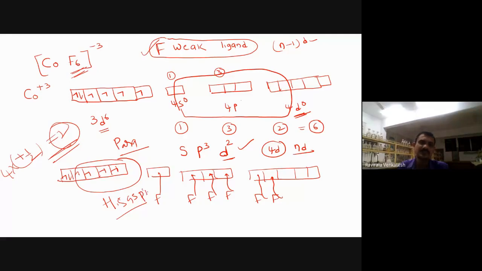High spin means having a larger number of unpaired electrons. It is paramagnetic because it has unpaired electrons. So again, I am writing here CoF6 3-: what type of hybridization does it have?